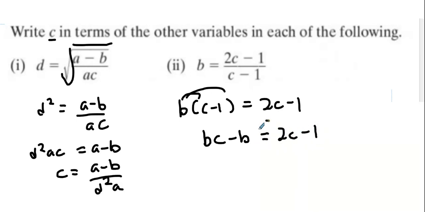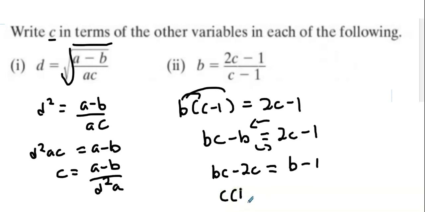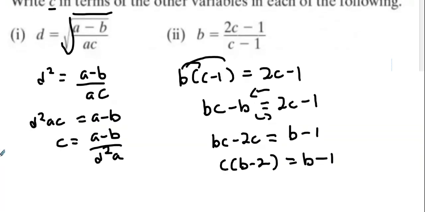Bring the 2c to the left and the b to the right, and we get b minus 1, and we're going to get bc minus 2c. We're going to take c out, and we're going to have c times b minus 2 equals b minus 1. Now we're going to get c equals b minus 1 over b minus 2. Okay.